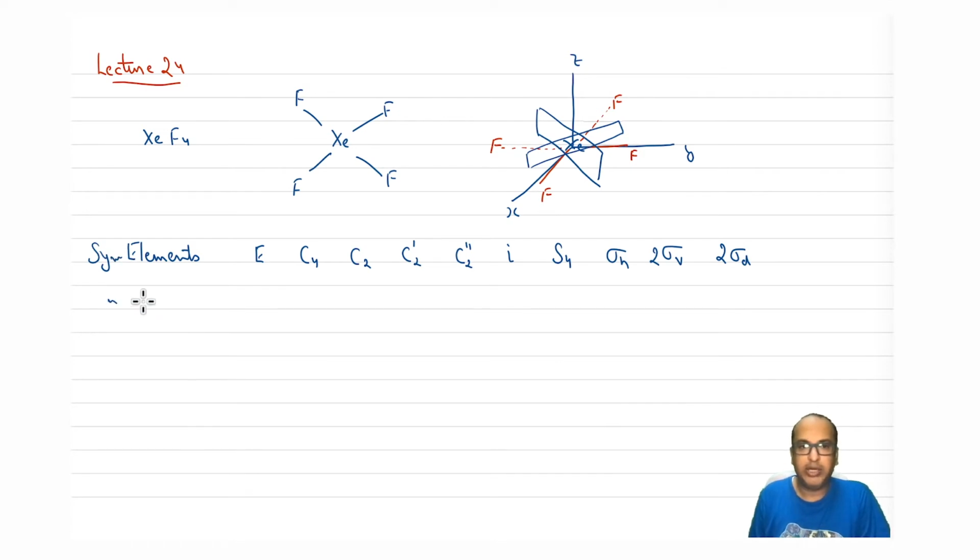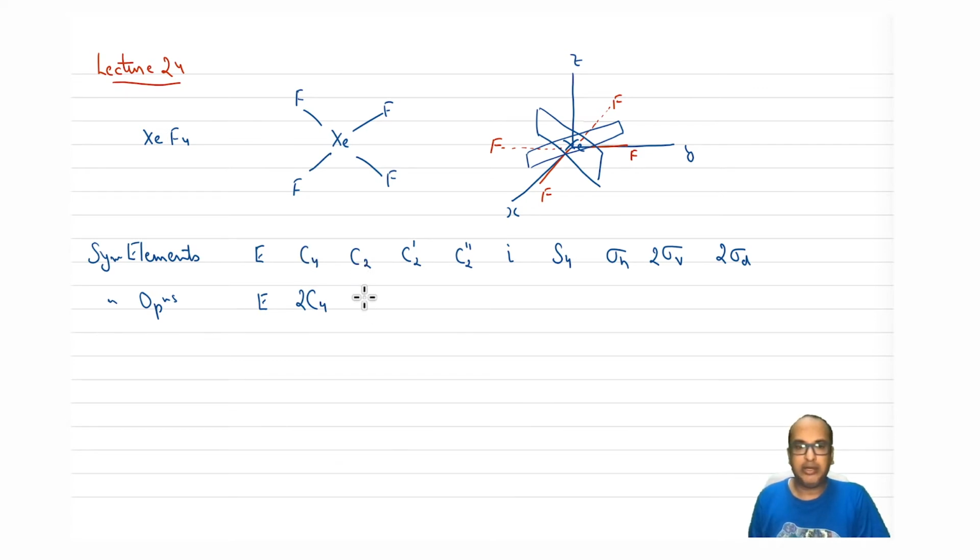Now let's look at the symmetry operations present in this. So E will give you one operation, C4 will give you two operations, C4 and C4 cubed, because C4 squared will be C2.